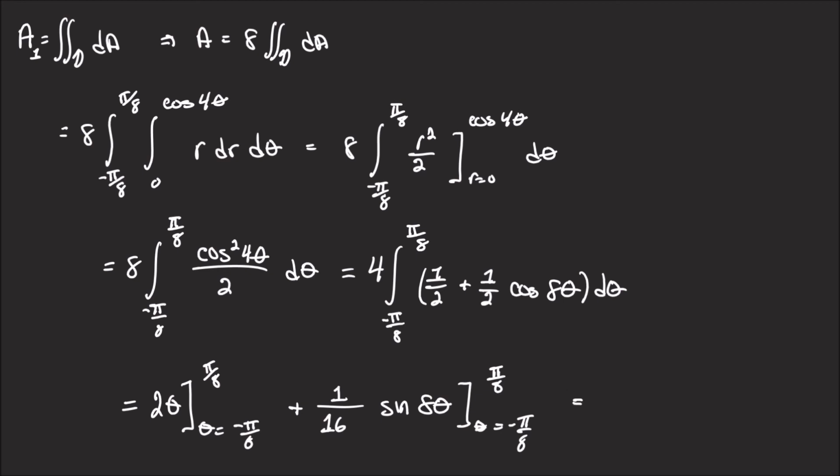So we'll get pi over 4 plus pi over 4. This entire piece here will just go to 0. And so this leaves us with pi over 2 as our volume.